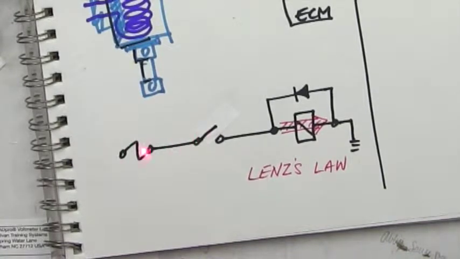So, current can't go this way anymore, but this has got a big charge of voltage that it needs to get rid of. So what it does is it collapses and goes and stays right here. It goes away.